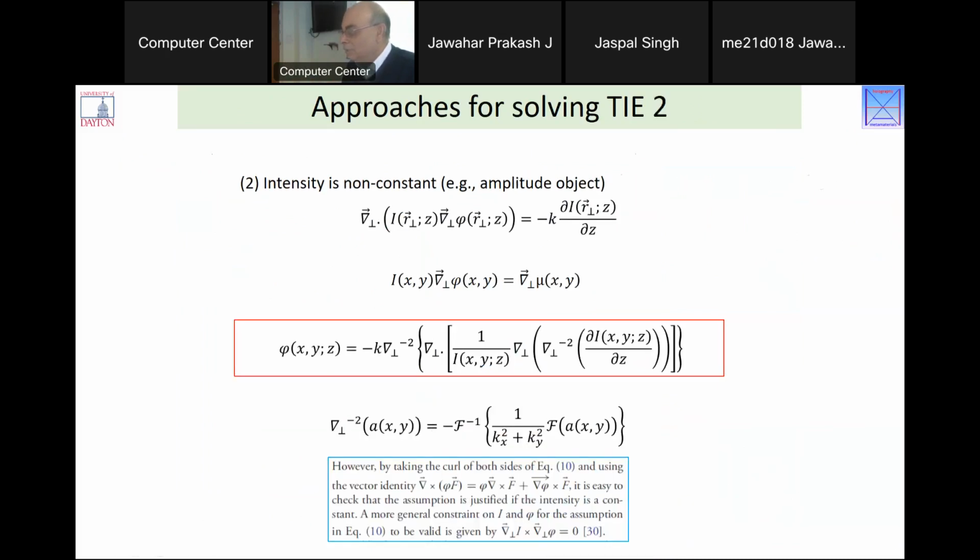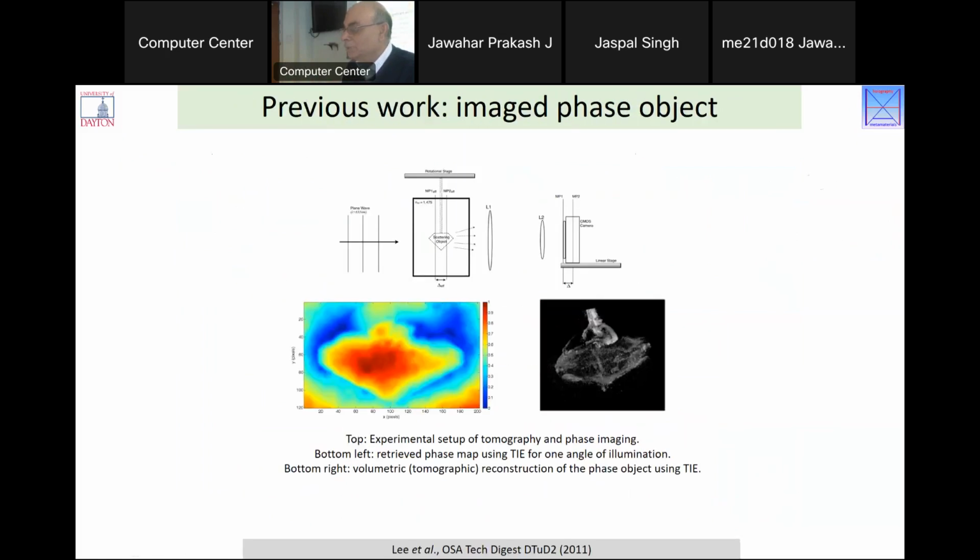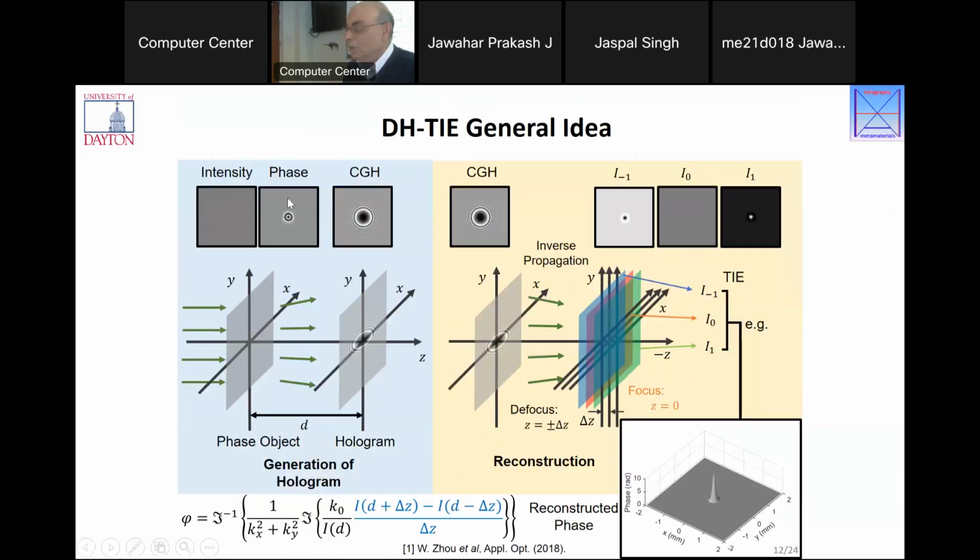The first time we tried using it was with a hologram. When you reconstruct the hologram, there is amplitude and phase, and there's always this issue of phase unwrapping. So why not do this? You are doing everything numerically.